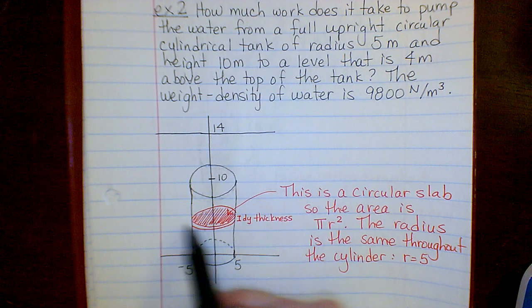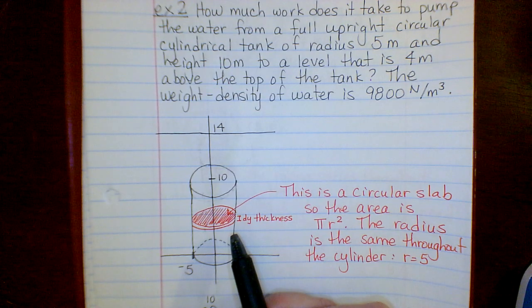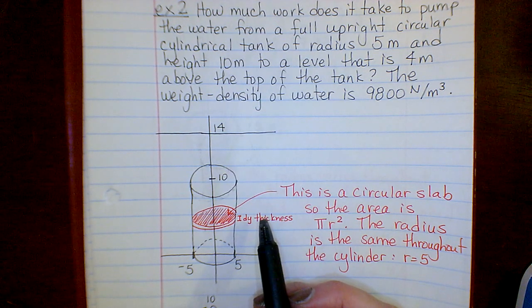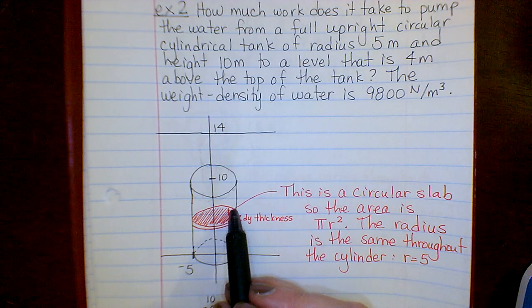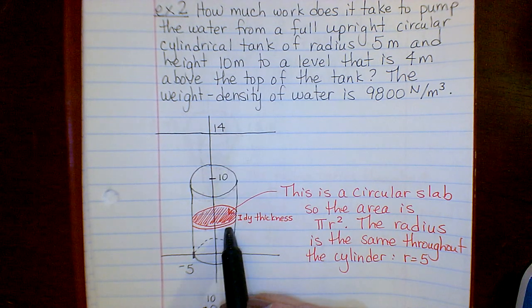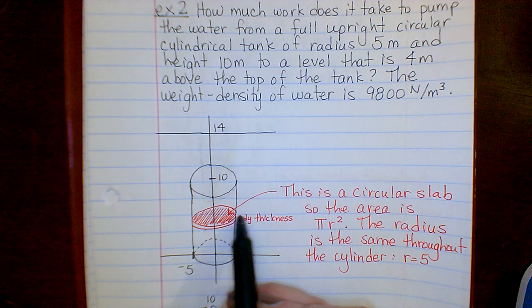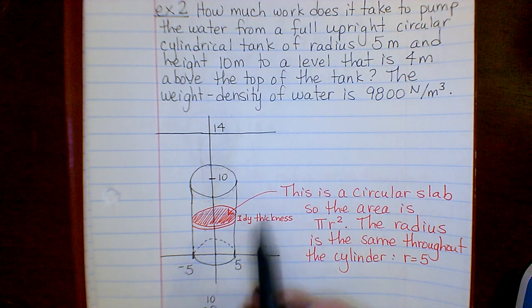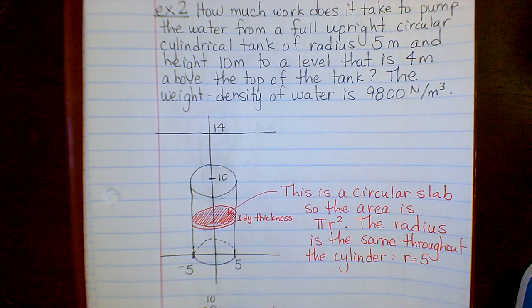When we start looking at these slabs, we start taking these cross sections in here, okay? We're going to get these little circles in here, and each circle has a little infinite thickness, and that's my dy. That's not an I, that's just a little indication there that little thickness right there is my dy.